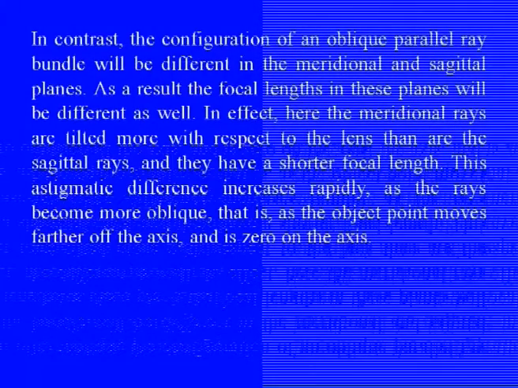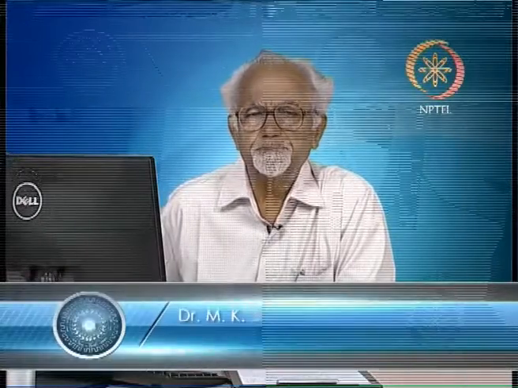As a result, the focal lengths in these planes will be different. In effect, here the meridional rays are tilted more with respect to the lens than are the sagittal rays, and they have therefore a shorter focal length.